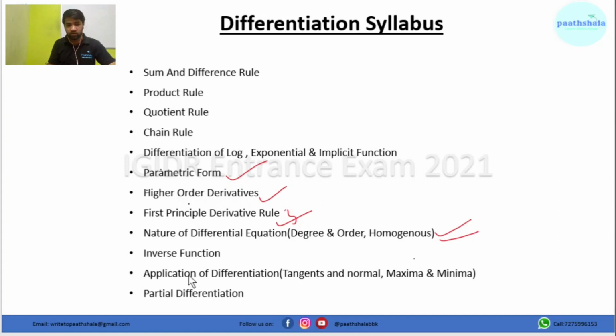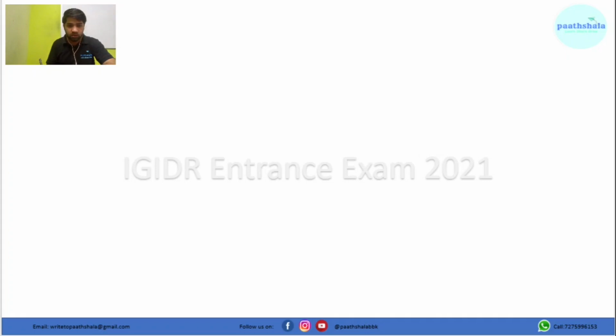So for now I have covered these two topics, the first principle derivative rule and the nature of differential equation. Now I'm going to cover inverse functions, which is the last topic of the session. In inverse functions, generally two kinds of questions are asked.